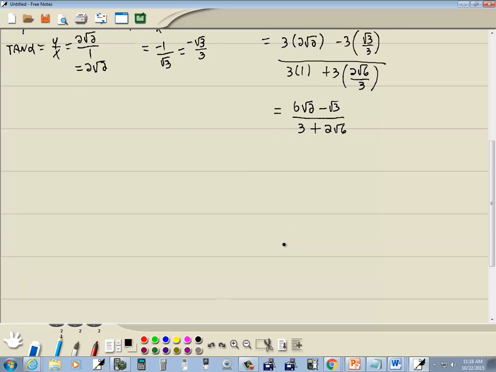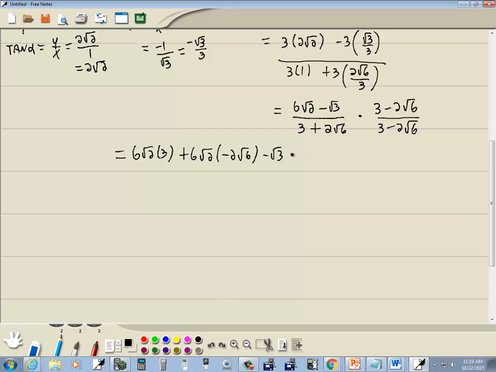Now we can't have the radical down below, so we're going to multiply top and bottom by the conjugate of the bottom, which would be 3 minus 2 square root of 6. Remember the conjugate, first part's the same, last part's the same, sign in the middle's different. Now up on top, we're going to take 6 square root of 2 times 3. We're going to take 6 square root of 2 times negative 2 square root of 6.